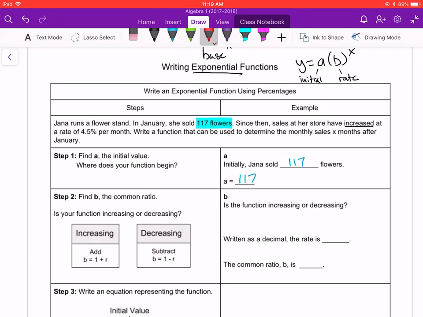If I read this, it says since then sales at her store have increased at a rate of 4.5%. So when increasing, you have to do 1 plus. It's adding. When decreasing, it's 1 minus. Think of it as a percentage.